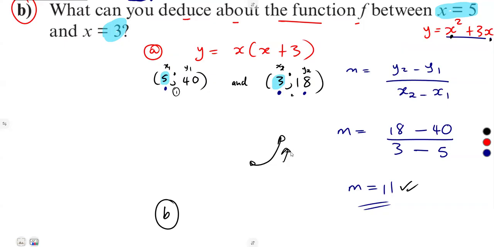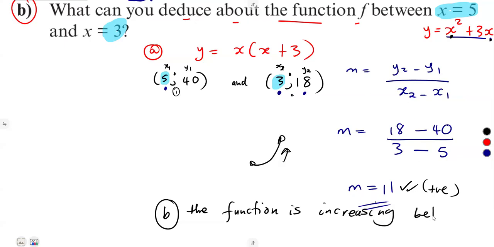It is actually going up where the gradient is positive. So at that moment, our function is increasing. So here we can say the function is increasing between those values of x, x is equal to 5 and x is equal to 3, just like that.